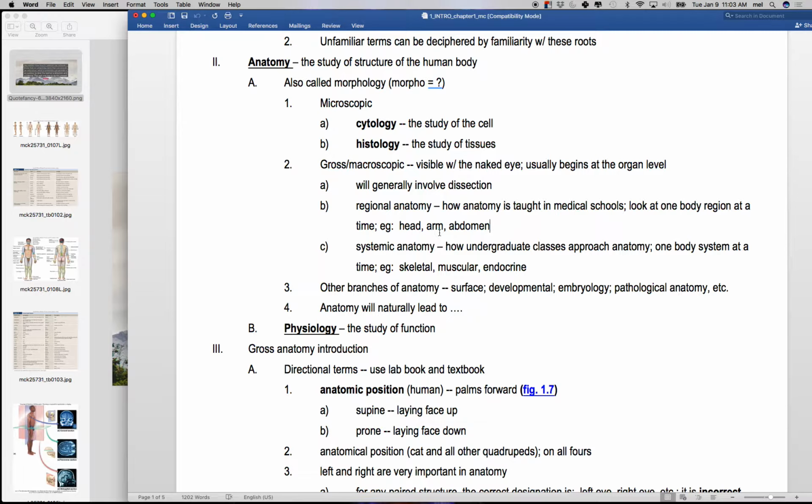There are other branches of anatomy. I'm not super good at any of these. I throw them in just for fun. There's surface anatomy. Those of you who are nurses or nurse aides probably are better at surface anatomy than I am. Surface anatomy is using external landmarks to figure out where internal structures are.